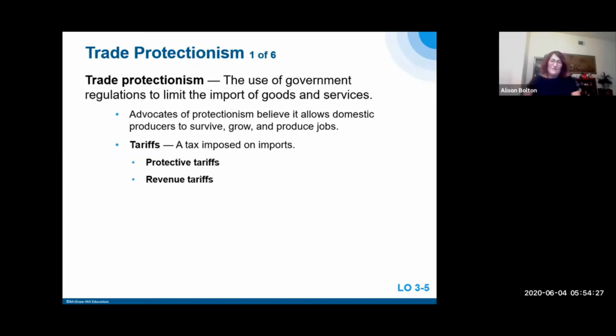So what happens is that they impose tariffs, and we have different kinds: protective tariffs and revenue tariffs. Protective is to slow down the product itself, and revenue is to control the money. We see this with China a lot. They get a lot of tariffs, more than anyone.